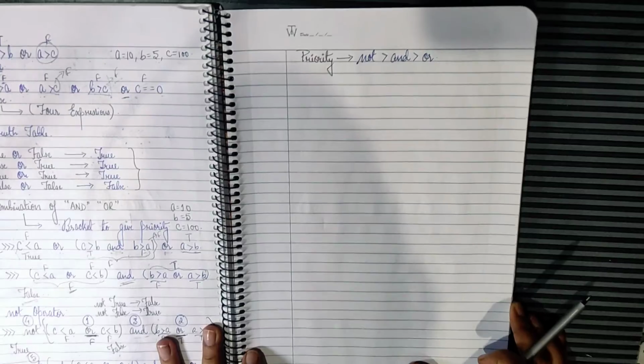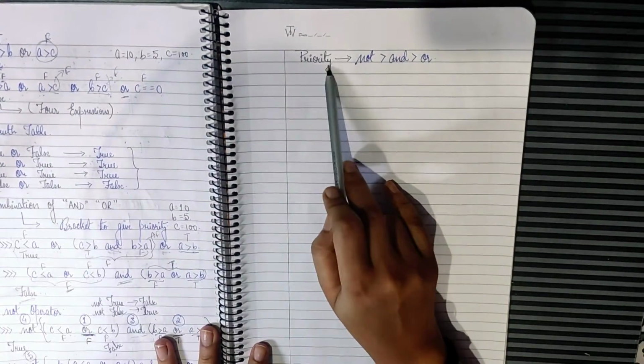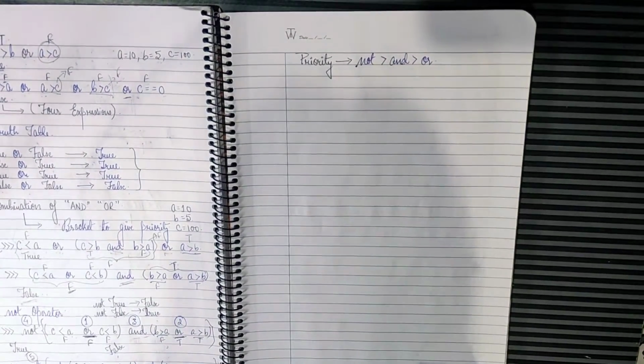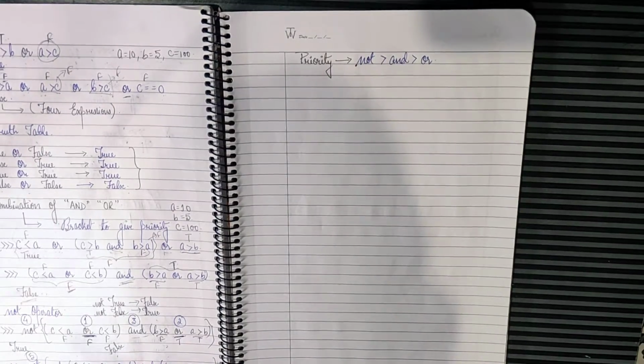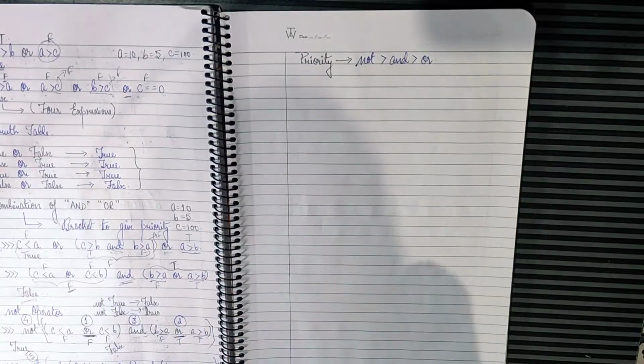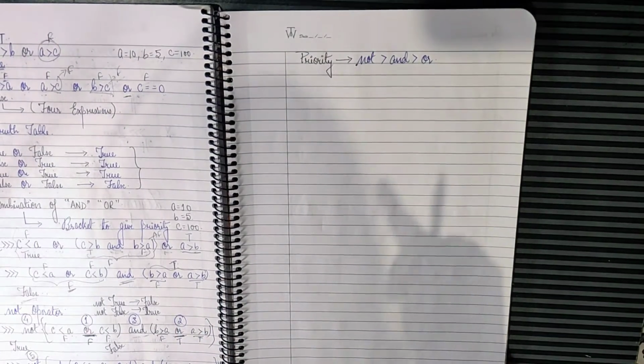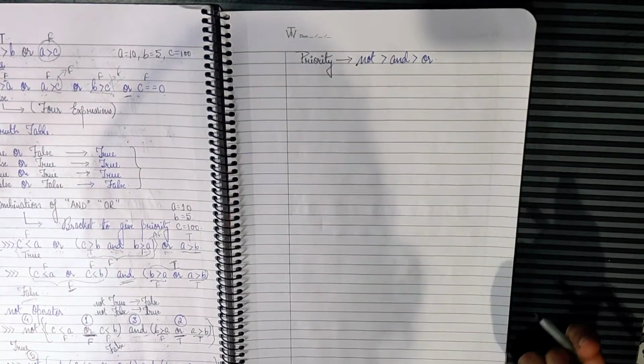One important point here is the priority. There is a priority table for each and every operator, like arithmetic operator, relational operator, logical operator, bitwise operator. If a combination of all four comes in a statement, then which operator will be executed first?